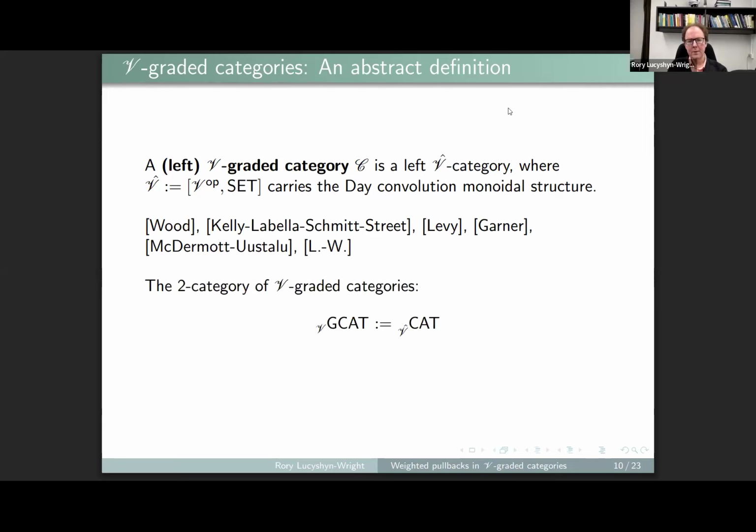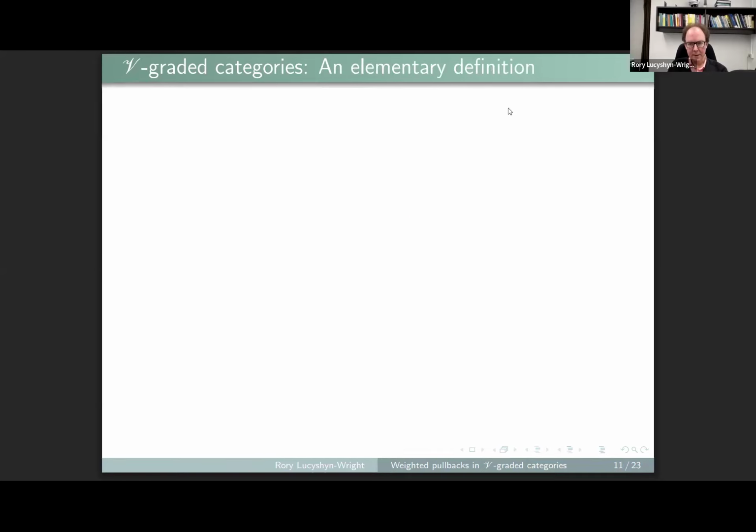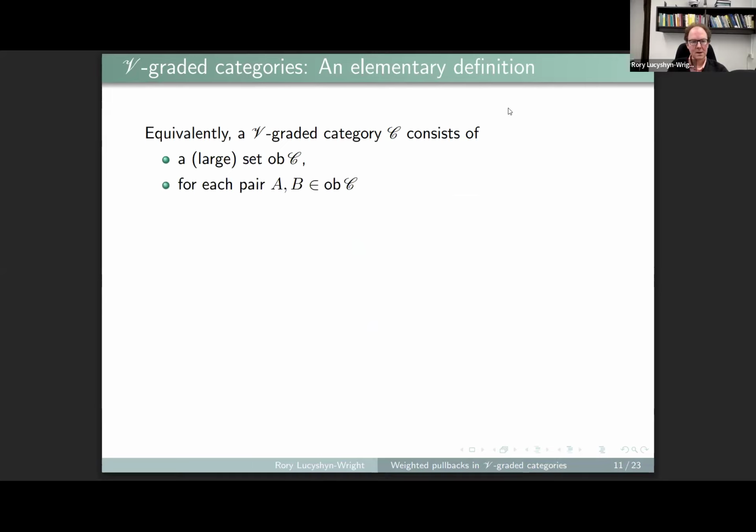And we can form a two category of these, of course, because it's the two category of V-hat enriched categories. Okay, this is a succinct abstract definition, but then we can unpack the data for a V-graded category and form an elementary definition. Equivalently, a V-graded category C consists of the following data: a large set, ob-C, of objects.